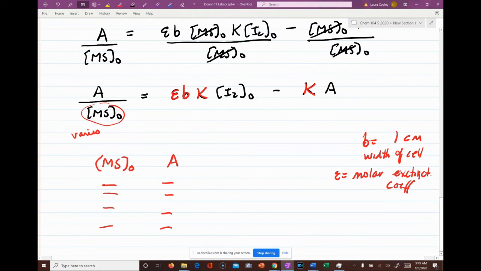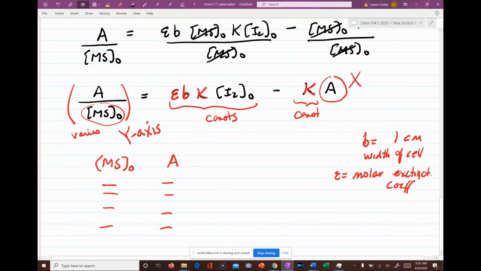But you notice if you plotted A over MS0 on the y-axis, these are all constants, and this is a variable that we plot on the x-axis.